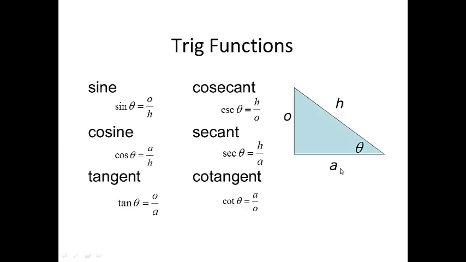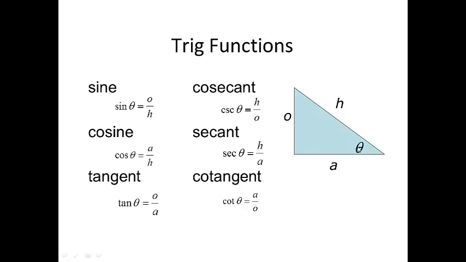And for this arrangement here, where the angle theta is in the lower right corner, the opposite side is the farthest side away from your angle, and the adjacent side is the side next to your angle. And the hypotenuse is always the long side, the one away from the right angle.